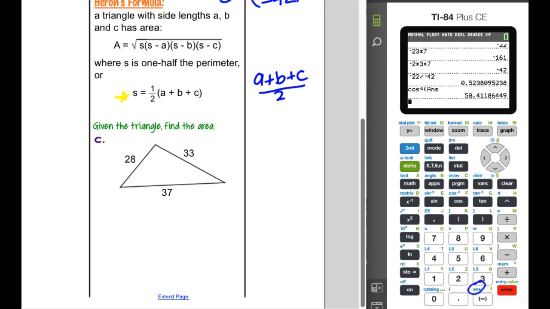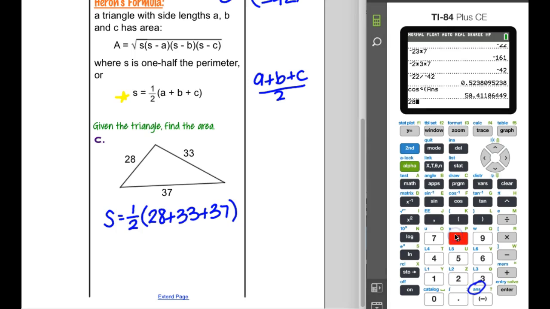So we say S equals 1/2 the perimeter of 28 plus 33 plus 37. So if we do that, we take 28 plus 33 plus 37, and we get 98 divided by 2. So S is equal to 49. And then we can use that.